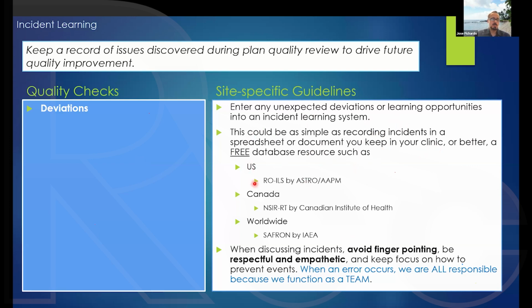For the US, we have ROILS by ASTRO and AAPM. In Canada, they use NSIR-RT. All of these acronyms mean something, but I don't want to waste your time. And internationally, you have SAFRON. SAFRON is maintained by the International Atomic Energy Agency, so this is worldwide. Any clinic from any part of the world can use this system to log and learn from incidents that occur at their clinics.